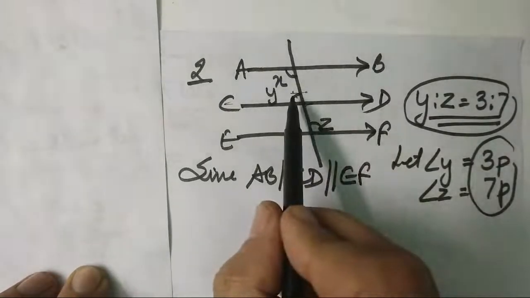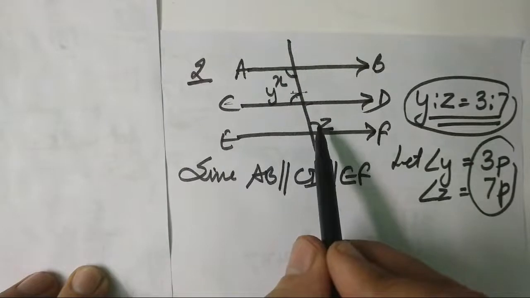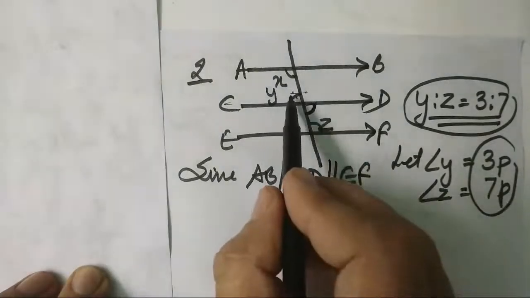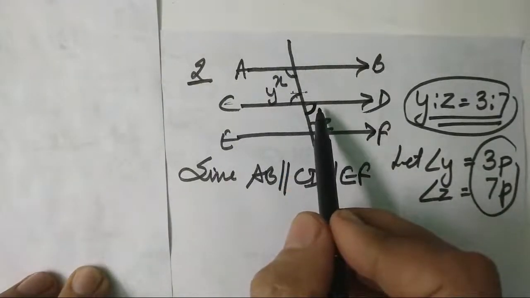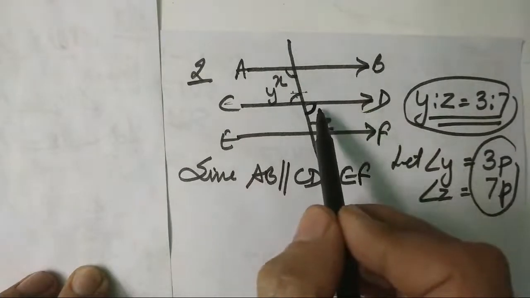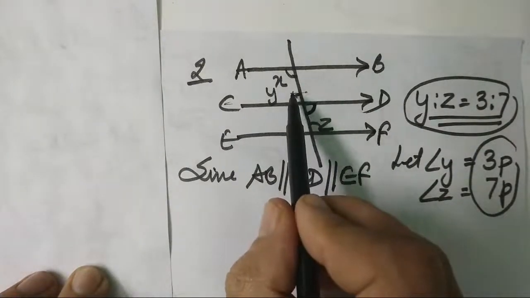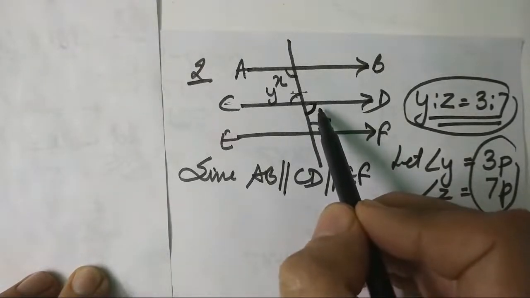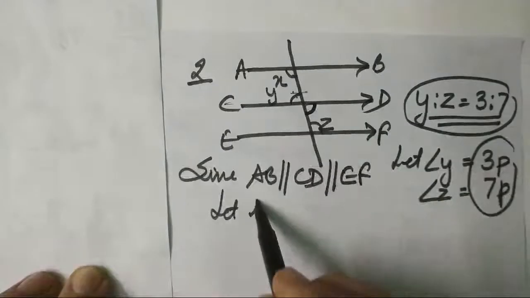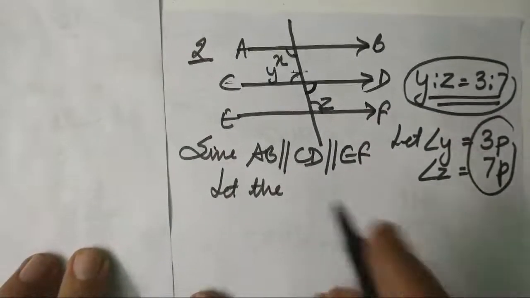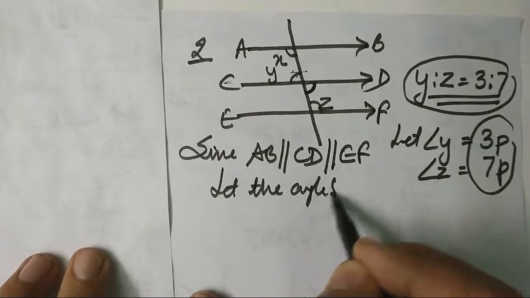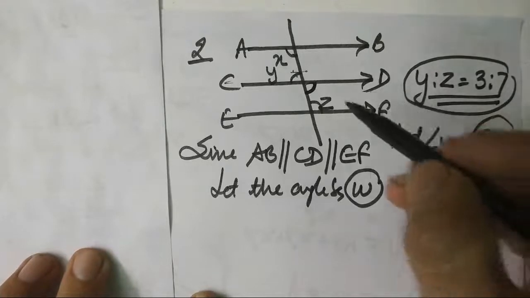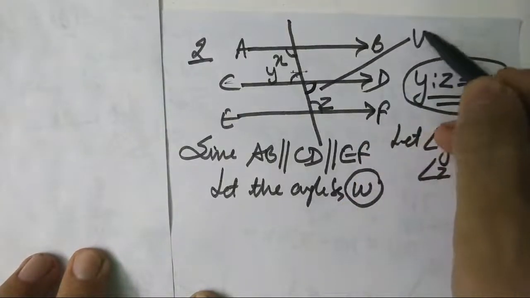So this angle will be equal to this angle. So I can find this angle first, and you have to mention this name. Let the angle be W. I am calling it W.